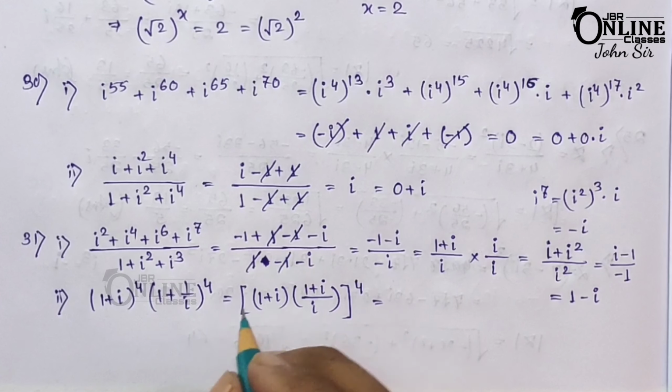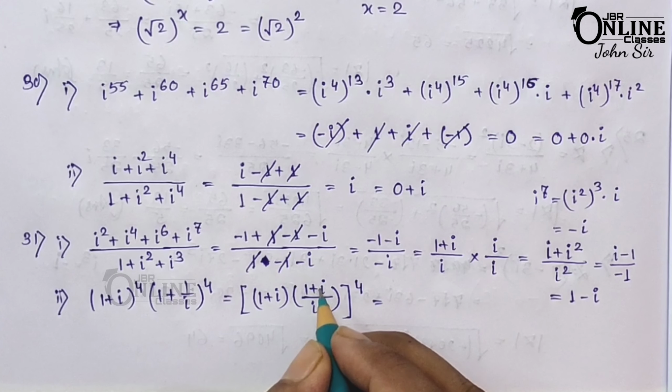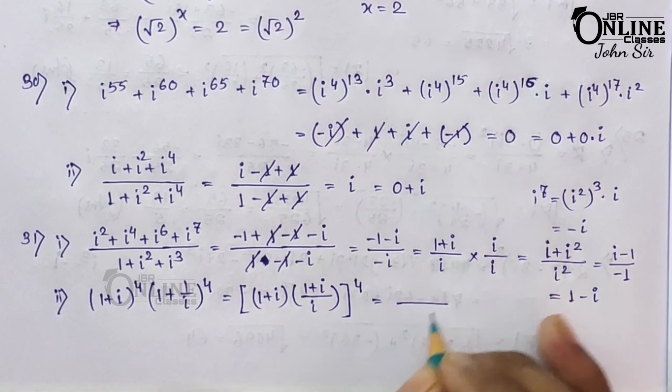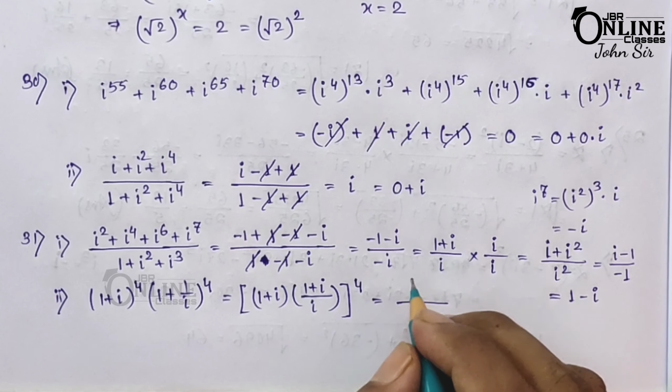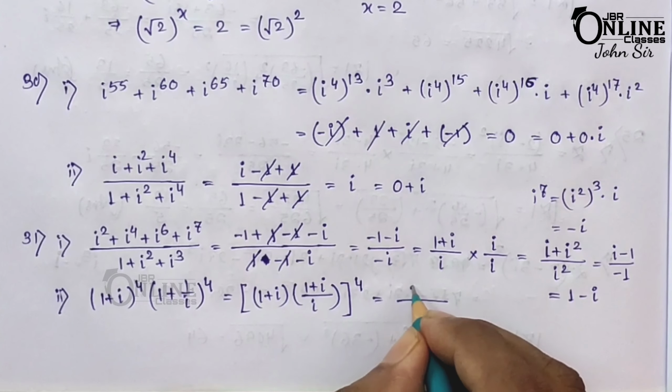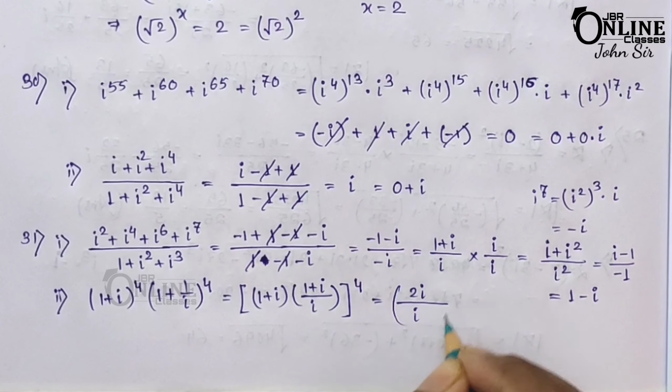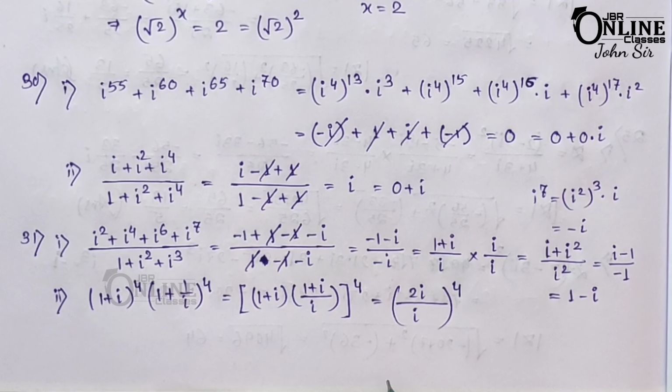Okay, so the upper one will be 1 plus iota whole square, and the lower one will be iota to the power 4. So 1 plus iota whole square, you know, equals 2 iota, and the lower one will be iota to the power 4.